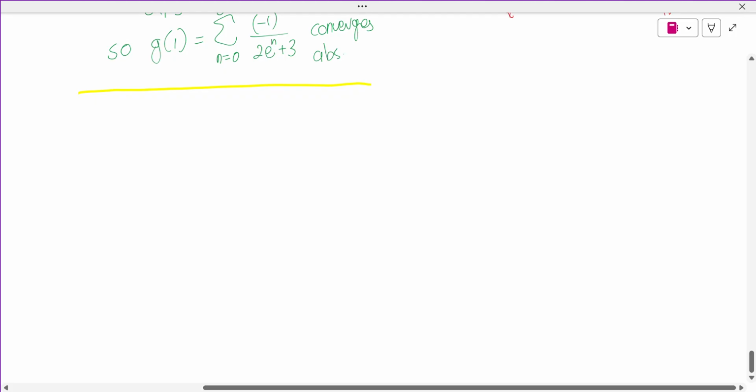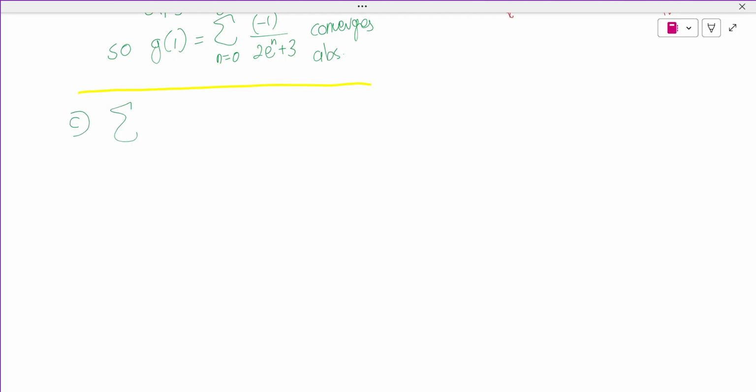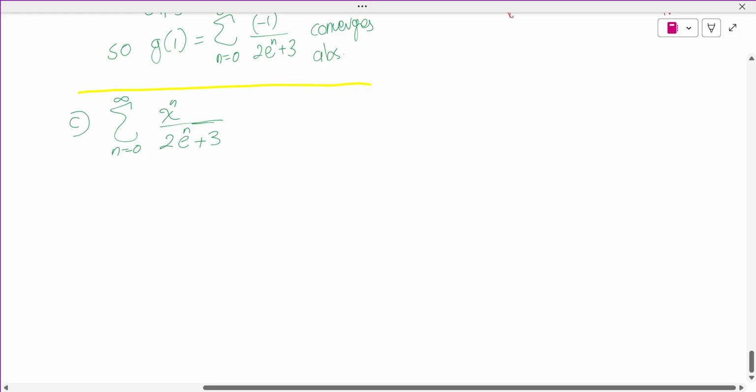So for part C, the given one is x to the power of n over 2e to the power of n plus 3, n goes from 0 to infinity. This is a_n, right? The ratio test requires what? a_(n+1).